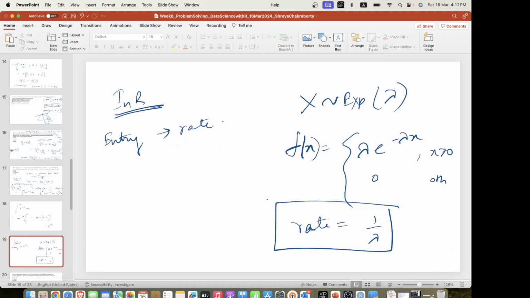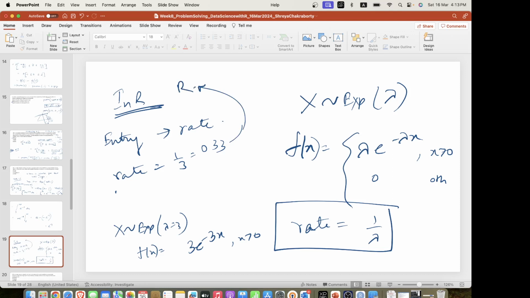For example, if very theoretically X follows an exponential with lambda equal to 3 and the parameterization is 3 e to the power minus 3x, then in the rate column you have to enter 1 by 3, okay, and that is 0.33 when you are giving the input in R. Alright, this is one small thing that you should be very careful of.